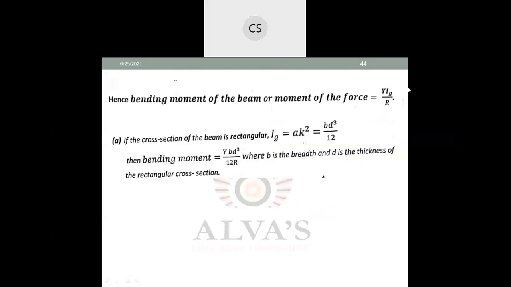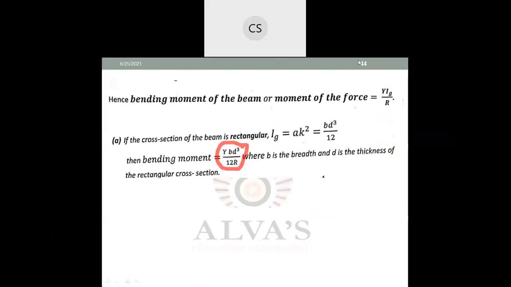So the bending moment for a rectangular beam is Y b d cube by 12R, where b is the breadth and d is the thickness of the rectangular cross section.